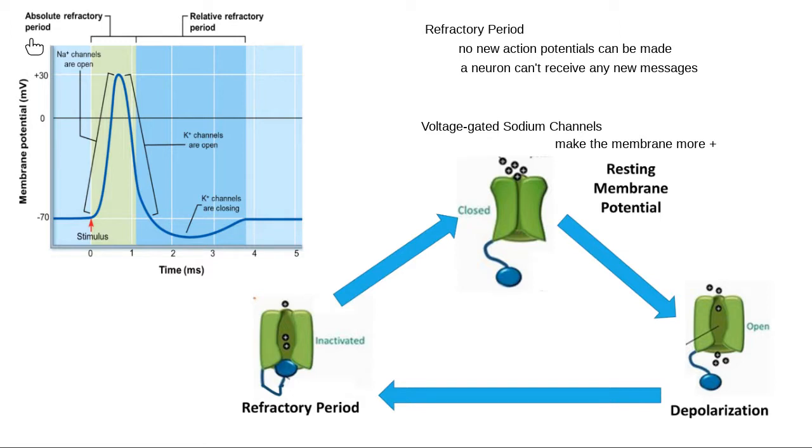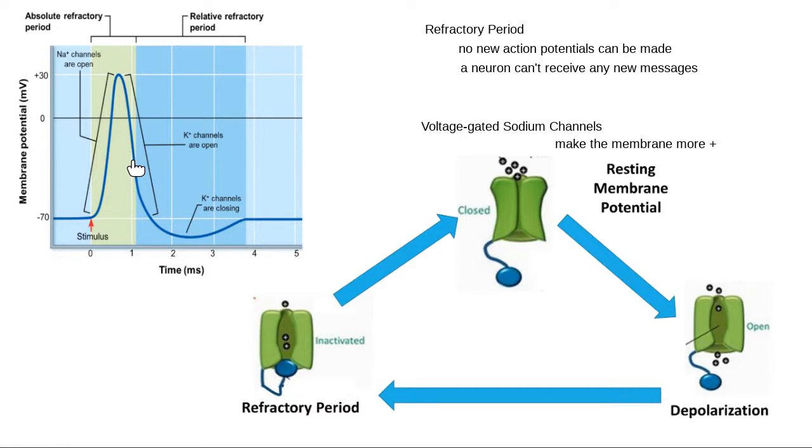During what's called the absolute refractory period, where I can receive absolutely no more messages, my voltage-gated sodium channels are already open. I can't receive any new messages in the absolute refractory period because my voltage-gated sodium channels are busy responding to the last message. They're open and letting sodium inside, or they're open and I've got that plug inside of them.